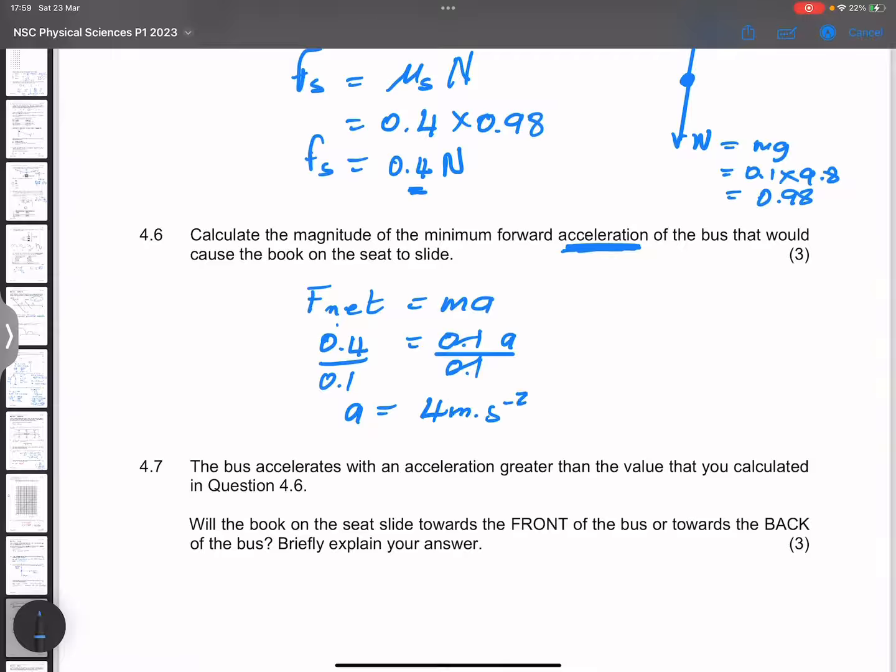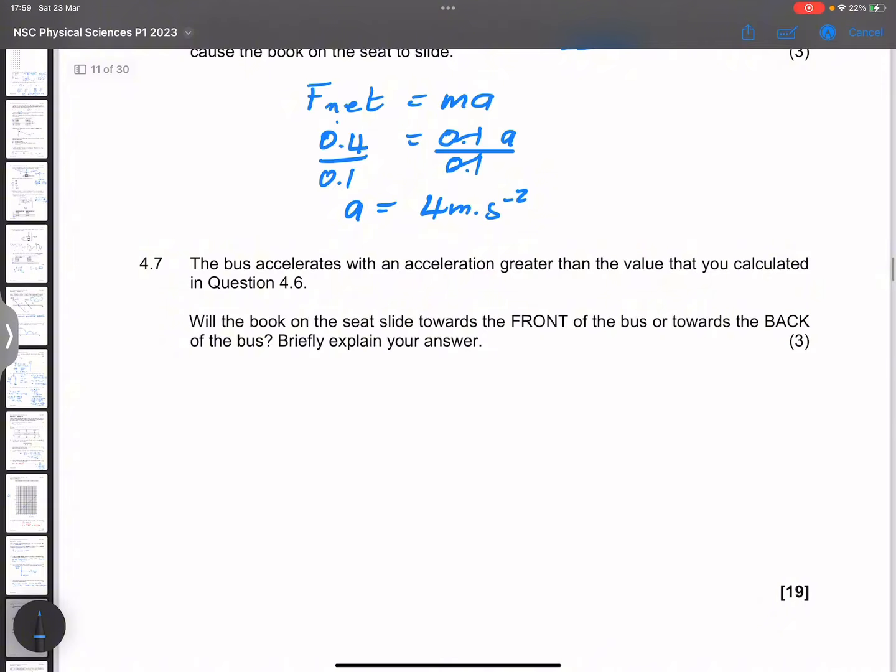That is the minimum acceleration that the bus must have. Okay, right, now quickly, they say the bus accelerates with an acceleration greater than the value calculated in 4.6. Will the book on the seat slide towards the front of the bus or towards the back of the bus?